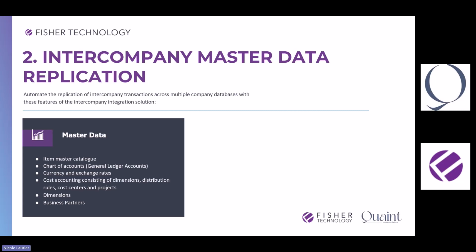And also another one is business partners, which obviously, if you're doing any kind of drop shipment with intercompany solutions, having the master data of business partners can be very key to that, to enable you to do that easily.